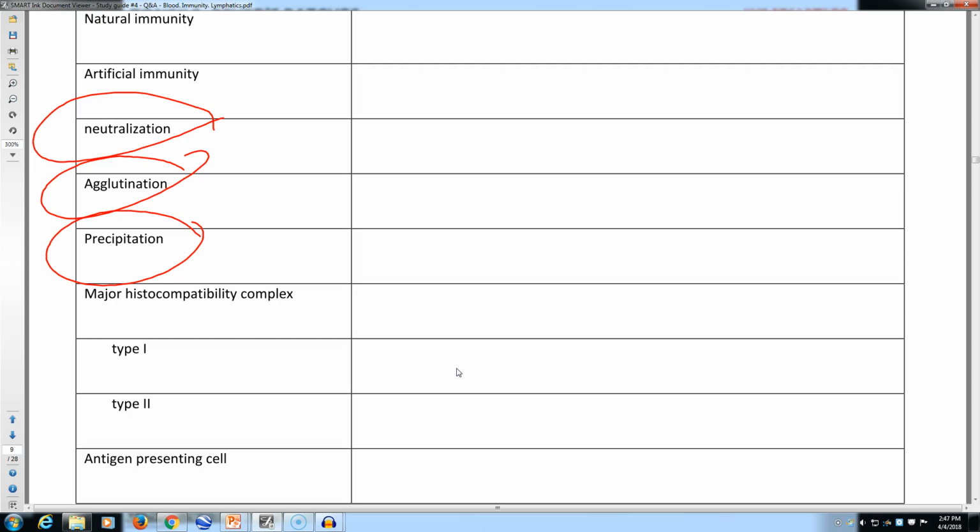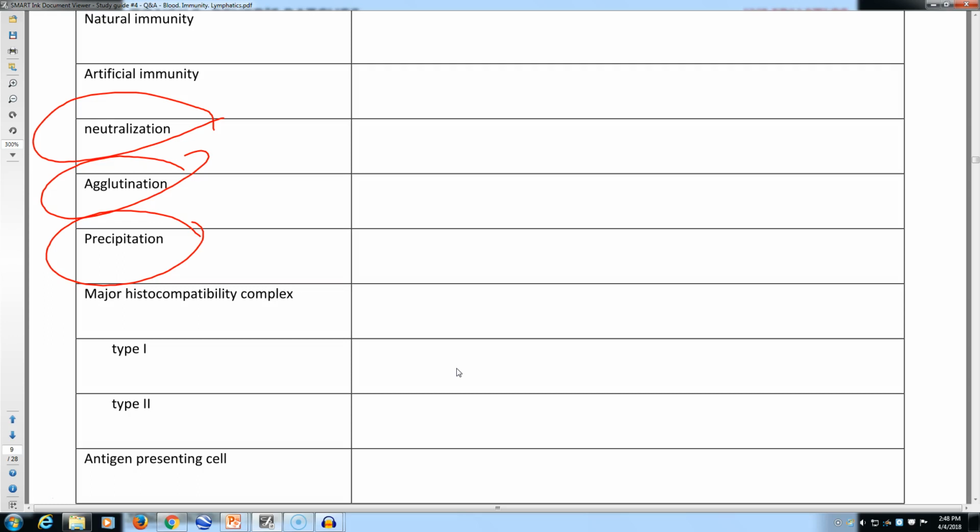Can complement proteins opsonize? Yeah, that's one of the mechanisms: increased inflammation, opsonization, membrane attack complex. Okay? Can interferon opsonize? Interferon? No. Does that make sense? So you need to know that there are 2 main mechanisms of pathogen opsonization. It's complement and antibodies. Does that make sense?